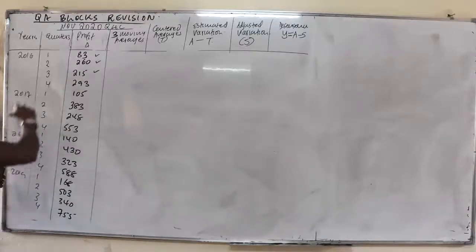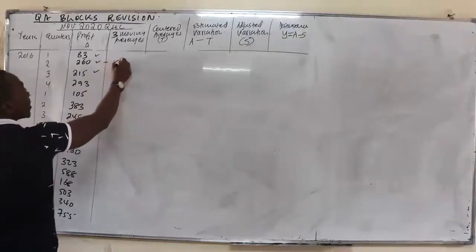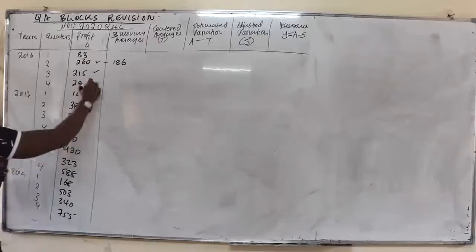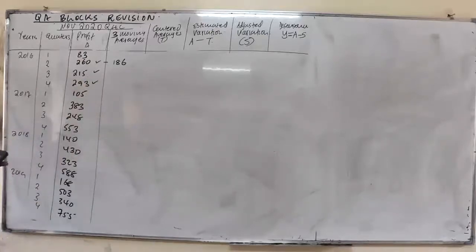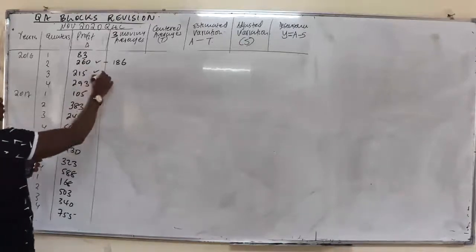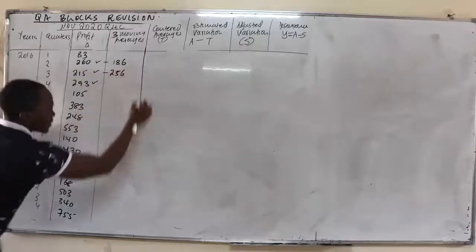The midpoint will be the second one. That's why you put your average 186. Then you drop the first one, you take the next 3. So it will be 260, you add 215, you add 293, then you divide by 3, and then in between the second, the third, and the fourth, the in between is where you have 3. So we have 256, like that.